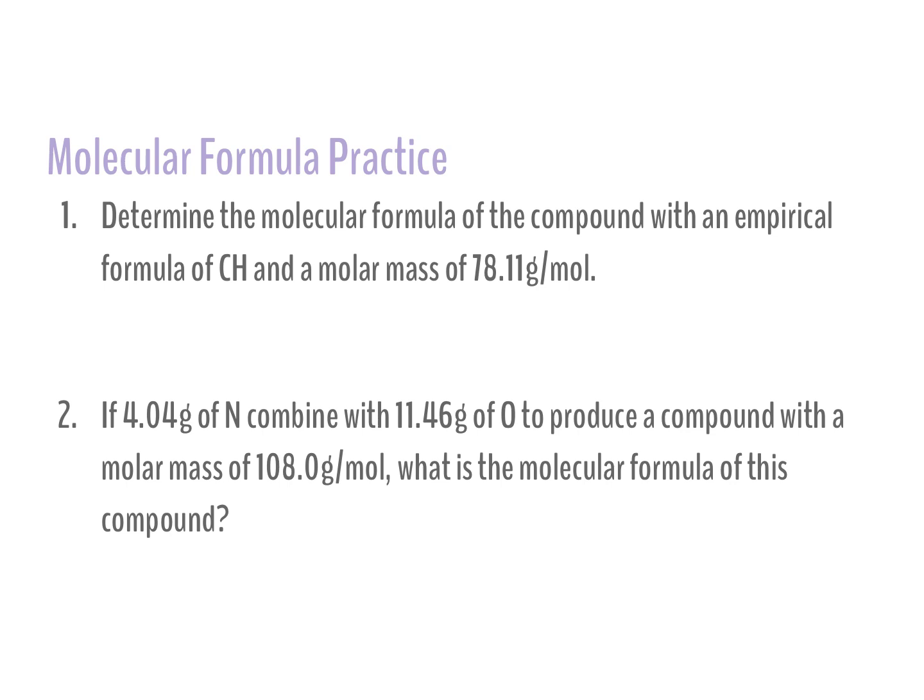This says determine the molecular formula of some unknown compound. We know it has an empirical formula of CH, and we know our unknown compound has a molar mass of 78.11 grams per mole.